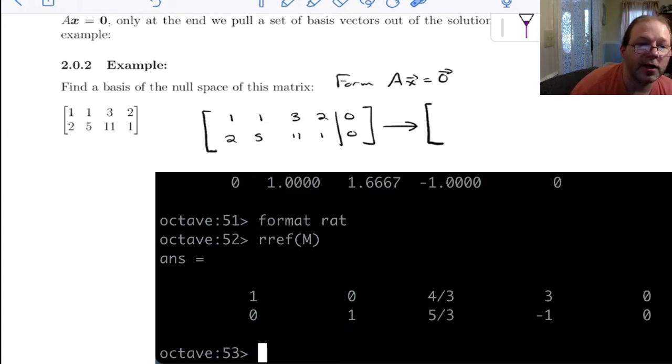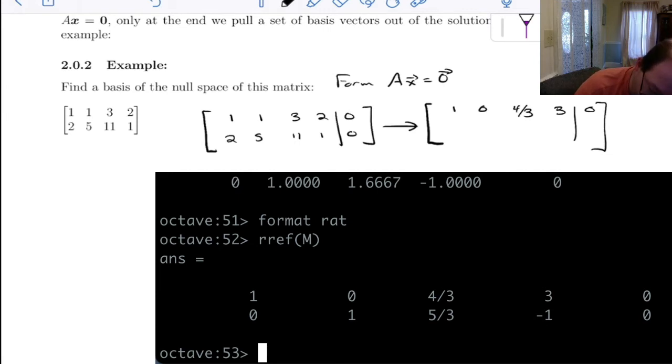So let's write it down as 1, 0, 4 thirds, 3, 0. And then 0, 1, 5 thirds, negative 5 thirds, negative 1, 0.